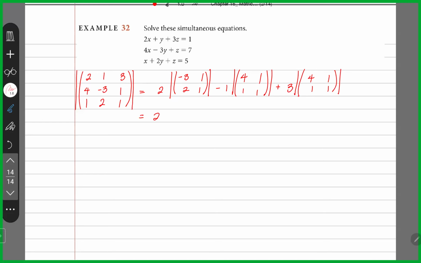This is 2 times minus 3 minus 2, minus 1 times 4 minus 1, plus 3.